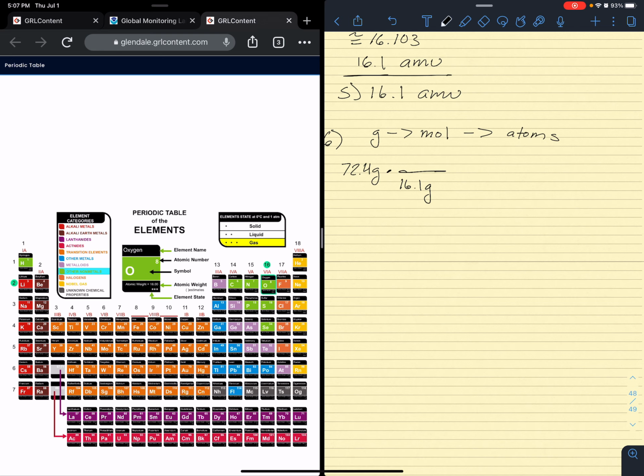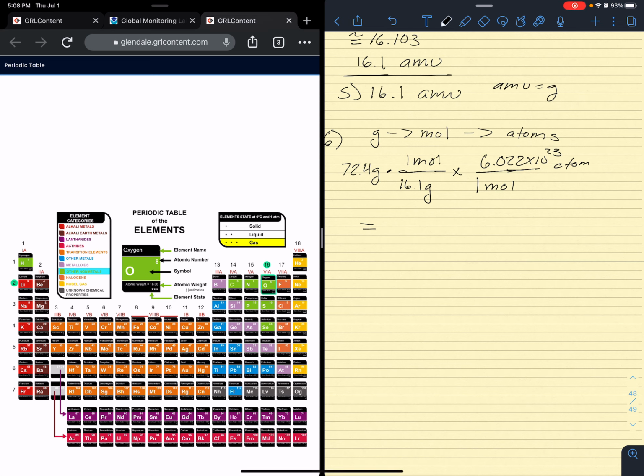Like I said, AMU is equal to grams, so we can turn it into grams per mole. 1 mole of this element is 6.022 times 10 to the 23, which now equals atoms.